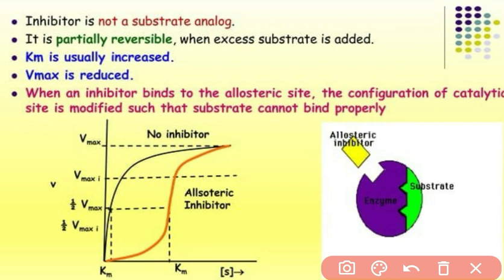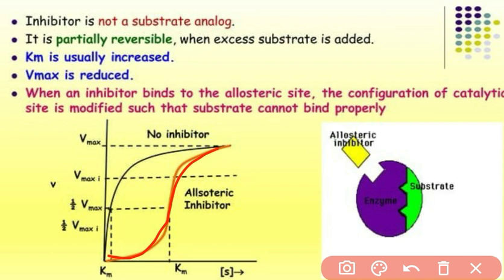When the inhibitor molecule binds to an allosteric site, the configuration of the catalytic site is modified so that the substrate cannot bind properly. It will become clear in this graph. This is the line in the presence of an allosteric inhibitor.